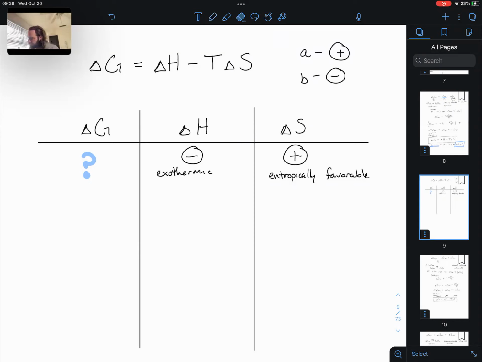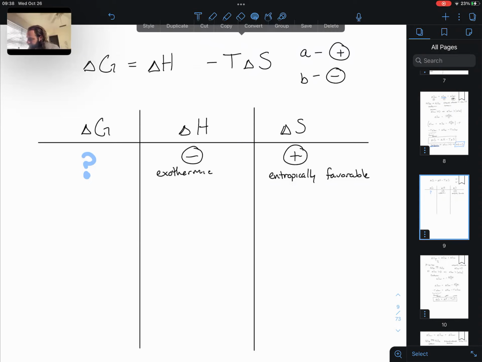Okay, so I'm going to split this up into two parts. So delta H minus T delta S, I'm just going to move this over and add this plus sign here, right? So delta H plus negative T delta S. Look at those two terms individually.